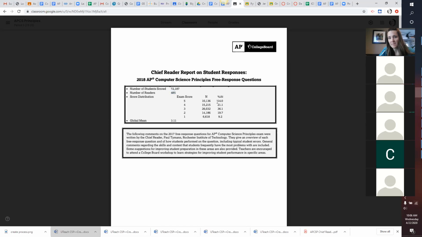So do be paying attention to these distribution numbers. They're going to give 14% a 5, about 21% a 4. Notice that the majority of people got a 3, and then of course the global mean score was a 3.1. But again, that's still passing. That's still going to get you your AP credit.